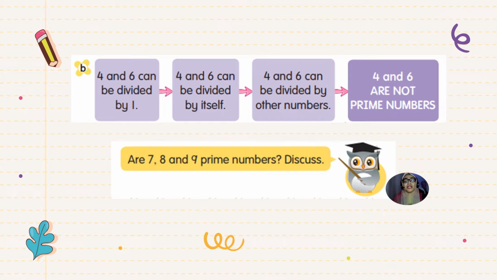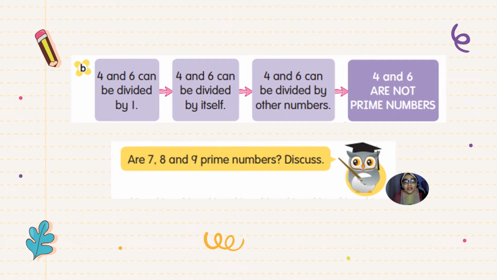We can divide it by 2. Other than being divided by 1 and itself, it also can be divided by 2. 6 can be divided by 2, and 6 also can be divided by 3. So 4 and 6 are not prime numbers because they can be divided by other numbers.